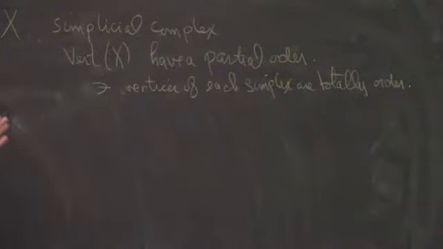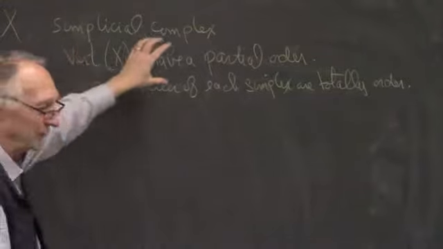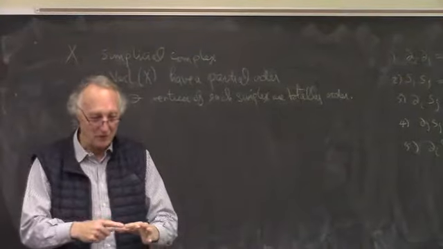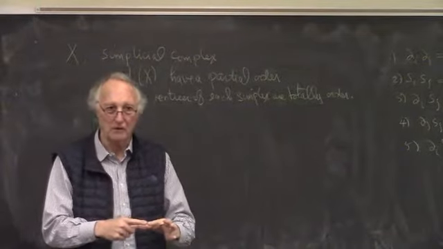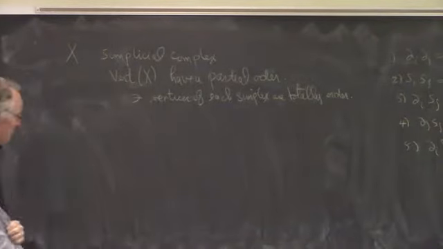I mean, I could have just said, you have a simplicial complex and you have a total order on the vertices, but it can be a little more general. So I have some partial order on the vertices, but if I restrict to any simplex, that partial order induces a total order on the vertices of that simplex, every simplex.